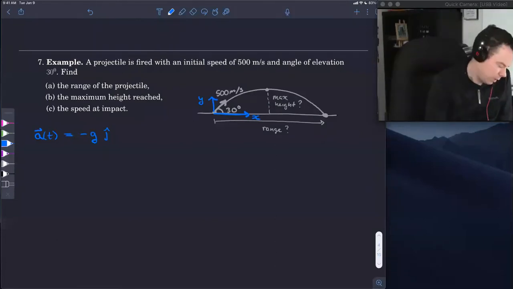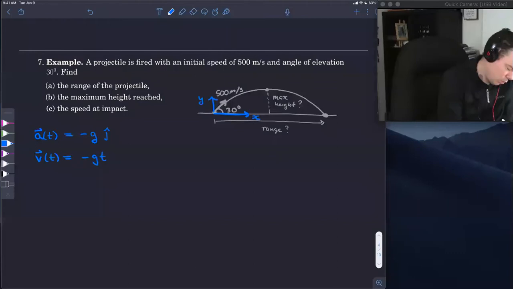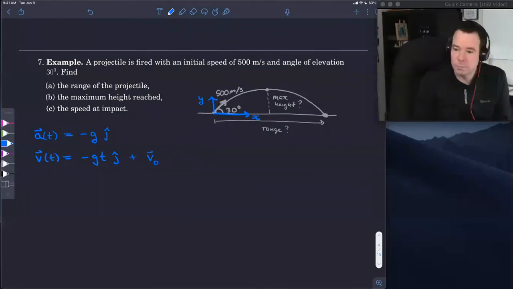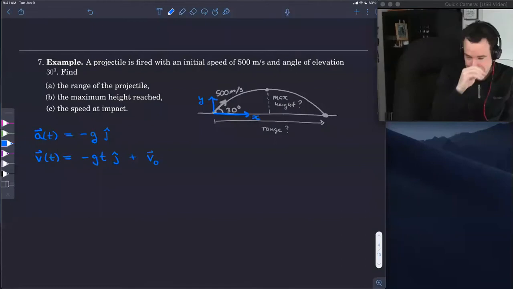So there's our acceleration. That means that our velocity we can get by just anti-differentiating. So that's negative gt j hat plus the constant of integration, and in this case it turns out to be v naught, the initial velocity. Just because if I plug in 0 for t, then that constant turns out to be the value of the initial velocity. It's v of 0.